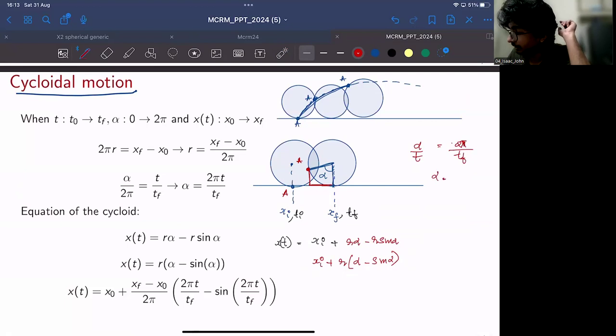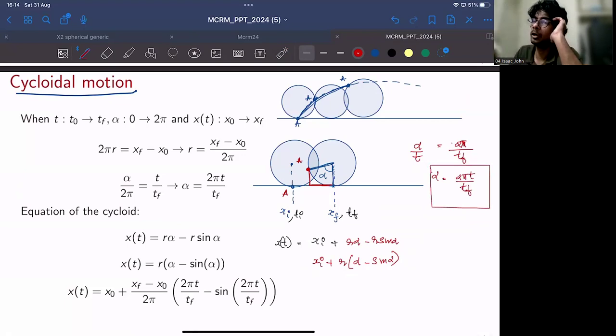Then alpha is nothing but, if you cross multiply, 2 pi t by tf. A simple proportionality actually, because at time t it will roll only alpha, and for a full duration tf, the cycloid will roll one full rotation.